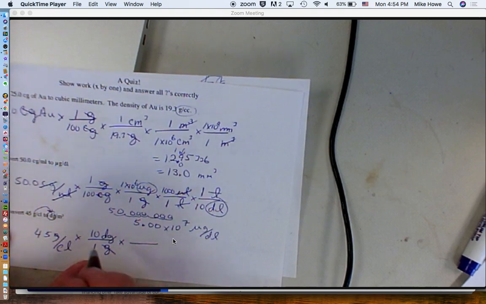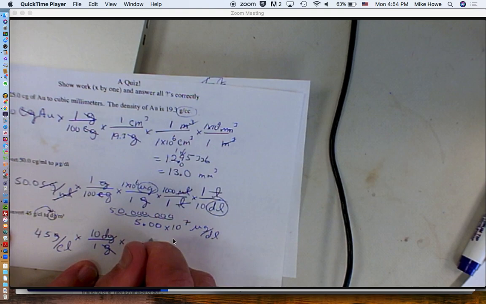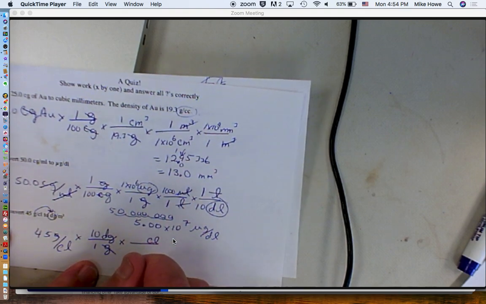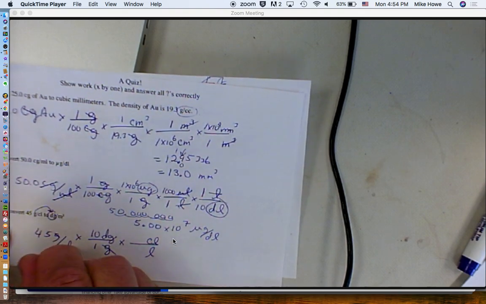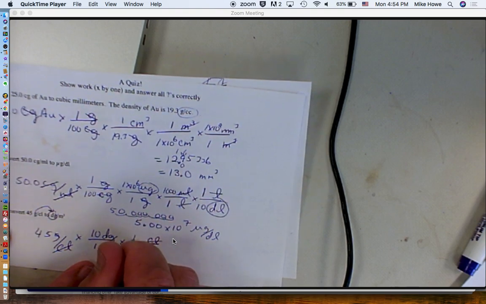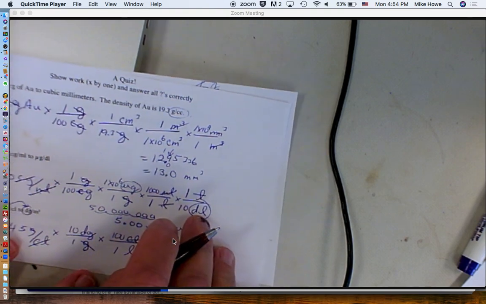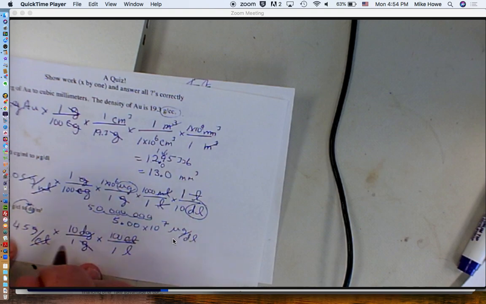Now we need to get centiliters into cubic meters. So we need to get rid of centiliters. Centiliters cancel. 1 liter is 100 centiliters. Then I want to get into my length-based volume units, for length, width, height, and that's going to be some kind of meter unit.